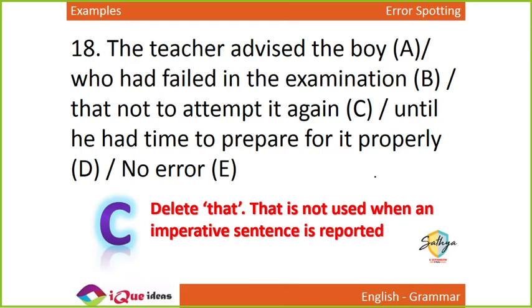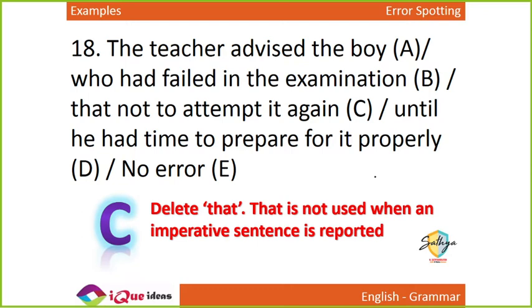Right? Did everybody get it? Where should the has come? In D? No. See, the teacher advised who had failed. Past tense. So had will come there. Parallelism of verbs.